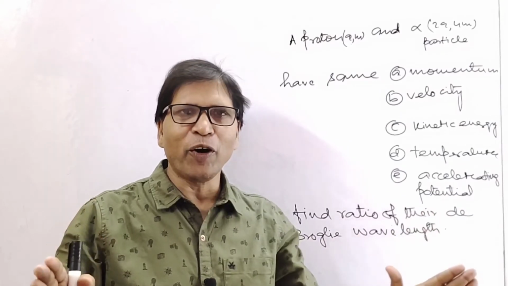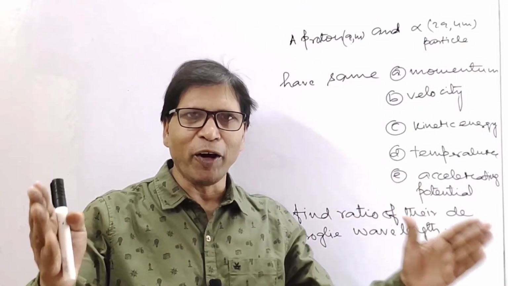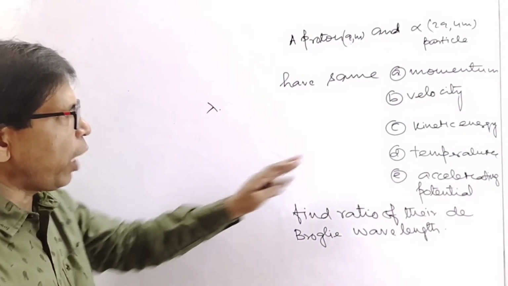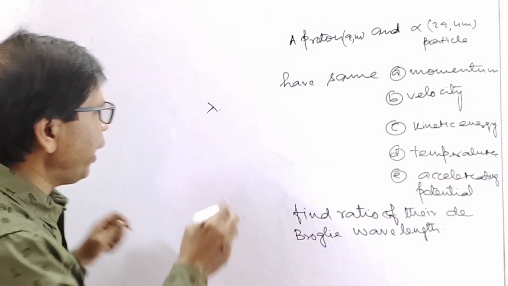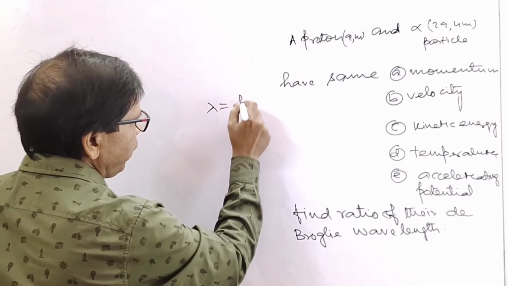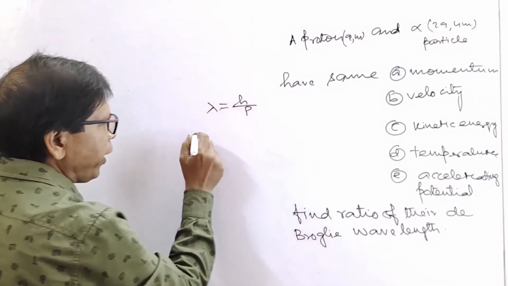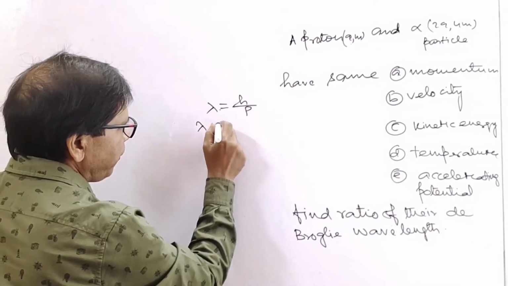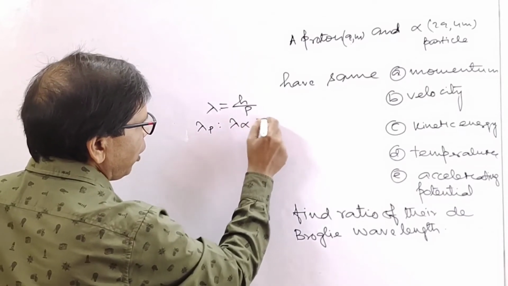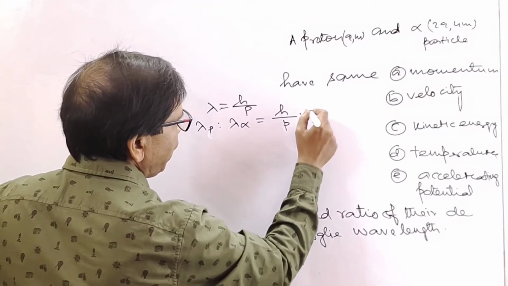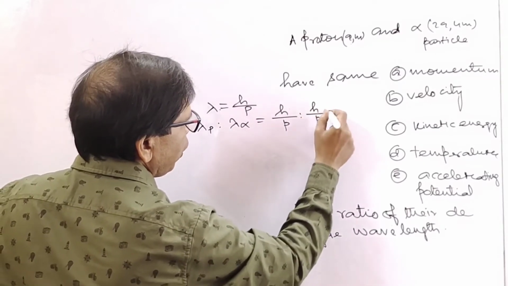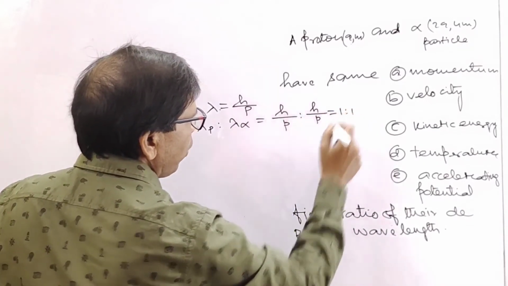Find the ratio of their de Broglie wavelengths. In terms of momentum, the expression of wavelength is lambda equals h by p. Here lambda p by lambda alpha, both have the same momentum, so h by p is to h by p. So this is 1:1.